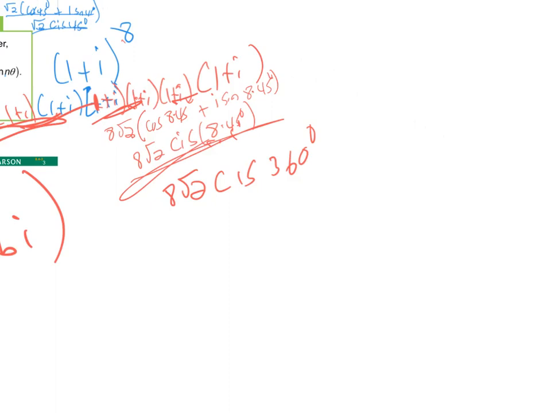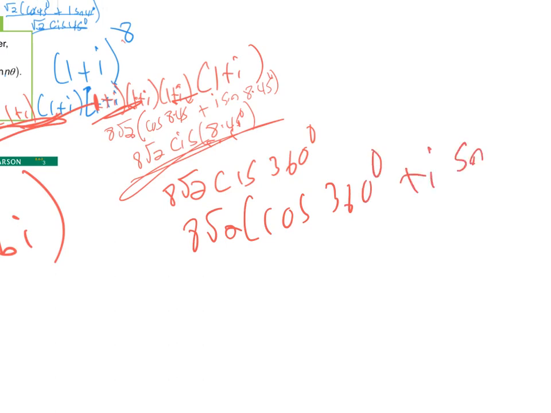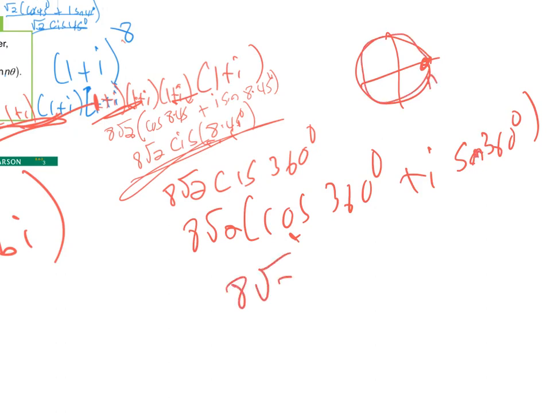So let's see. 8 square roots of 2 times cosine of 360 degrees plus an i times sine of 360 degrees. Cosine of 360 all the way around is a 1. Sine of 360 is a 0. So it's going to be 8 square roots of 2 times a 1 plus 0i.